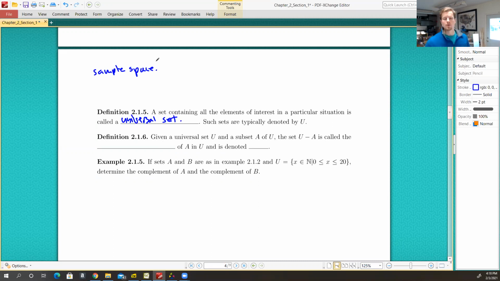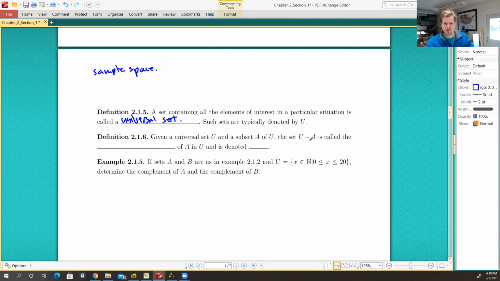All right, now we get another set operation with this new definition of universal set. Given a universal set and a subset of that universal set, so A is a subset of U, the set U minus A, so we're not really looking at a new definition, I guess, but a new idea, a new situation.